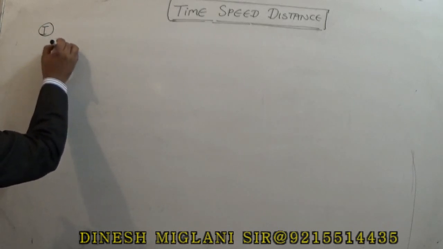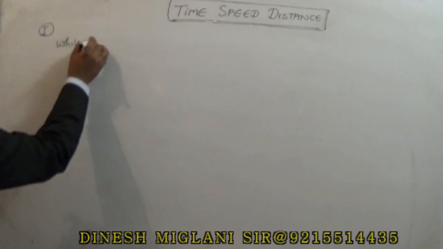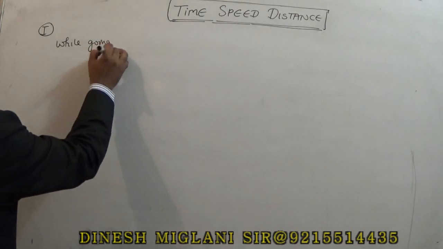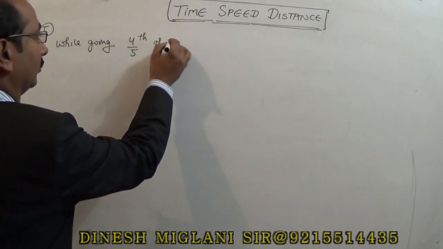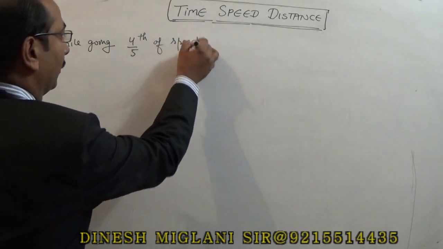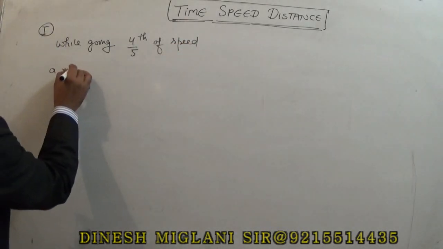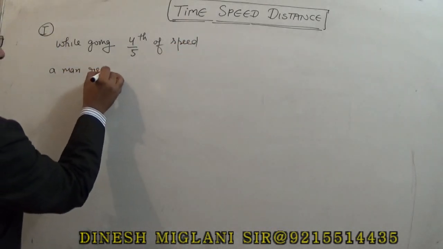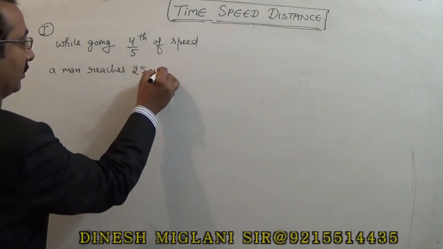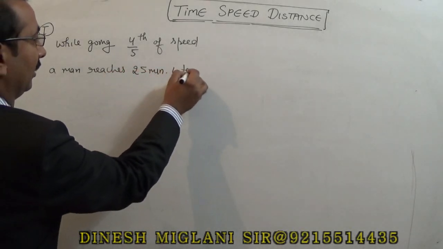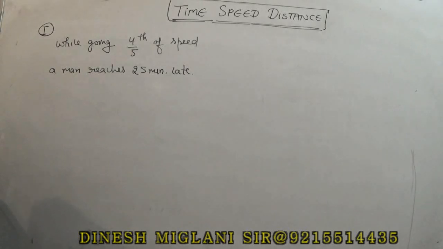First type is, while going at 4/5 of the speed, a man reaches 25 minutes late. Question is, while going at 4/5 of the speed, a man reaches 25 minutes late.